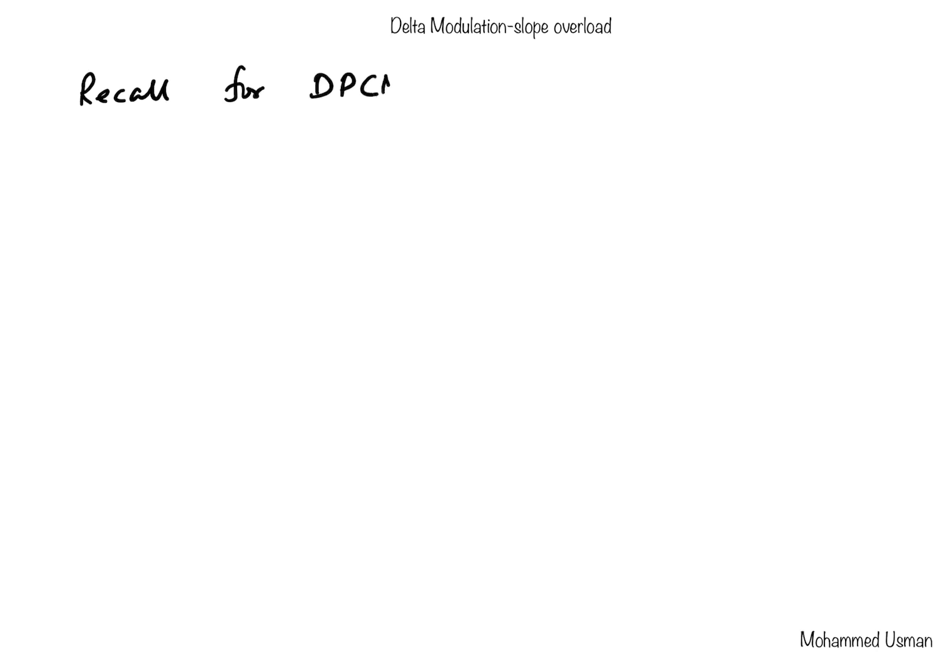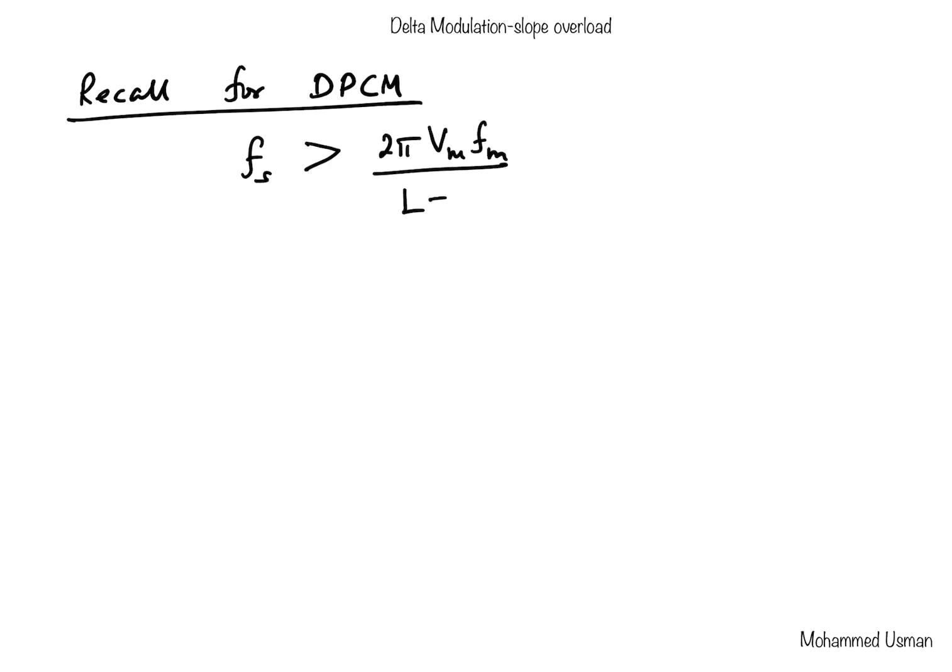For differential pulse code modulation, the condition to avoid slope overload was that Fs should be at least 2 pi Vm Fm by (L minus 1) times delta. This is for DPCM, and just to make a distinction between the Fs value for DPCM and for DM, I'll write it as Fs, and in brackets I'll write DPCM.